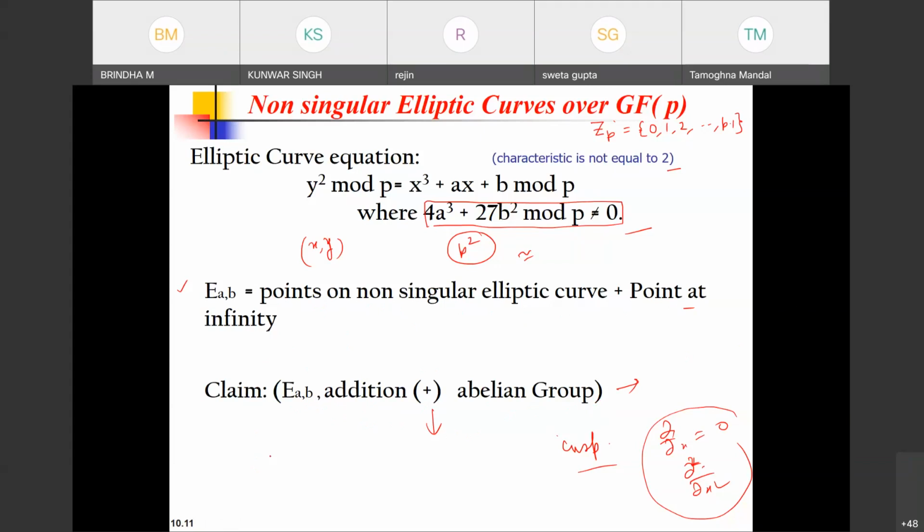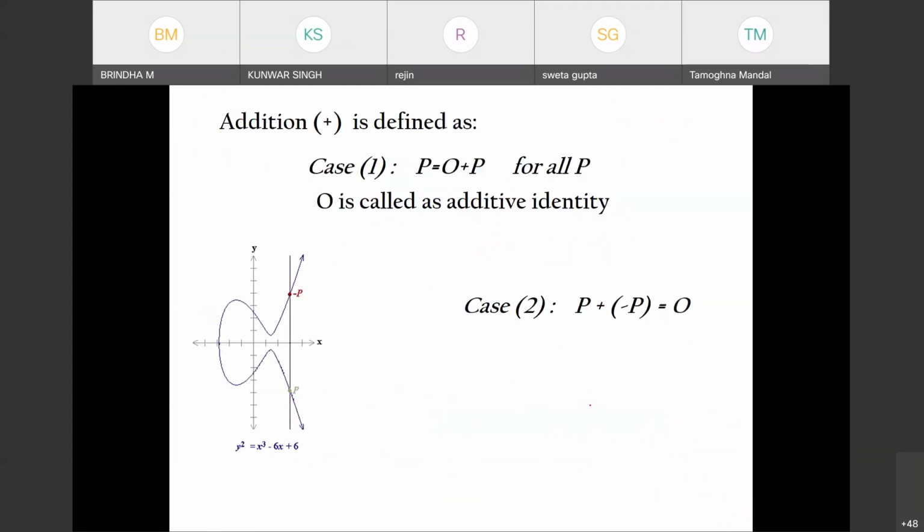So the set is the points (x, y), and one point at infinity. We denote the point at infinity by this symbol. This is not an infinite value. And this with the addition operation forms the group. That we will prove. How is it defined?